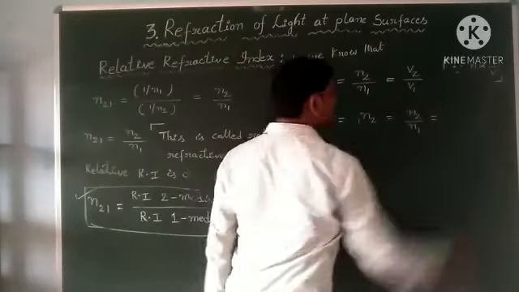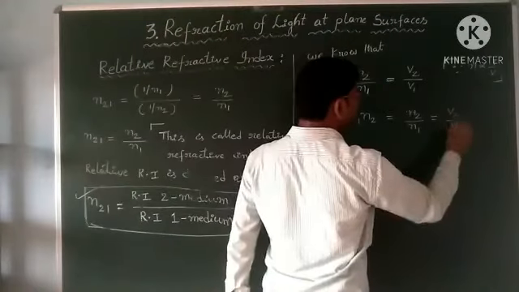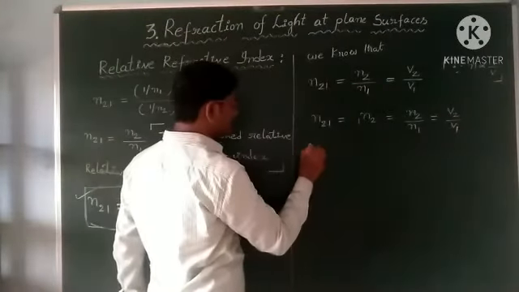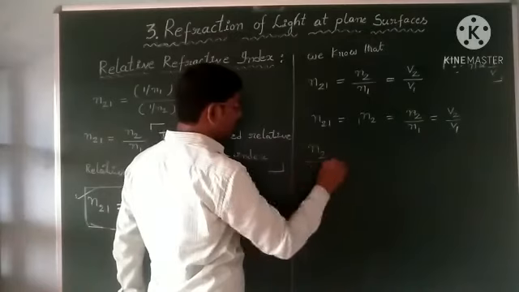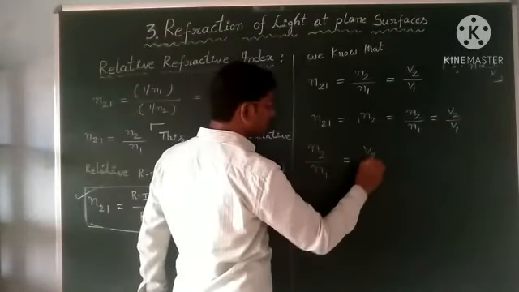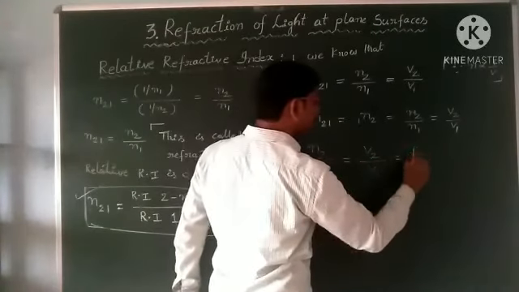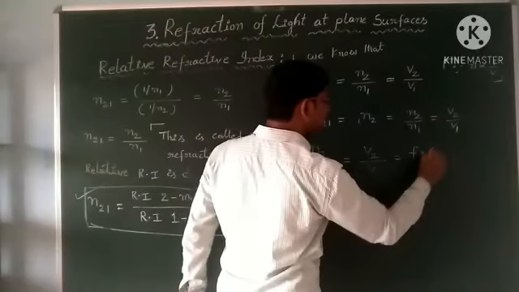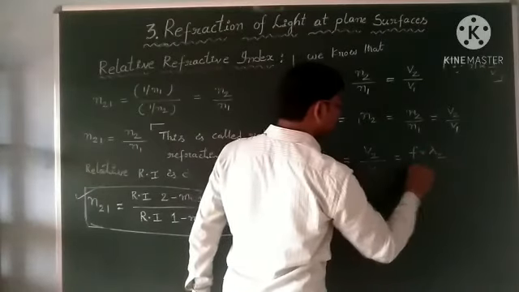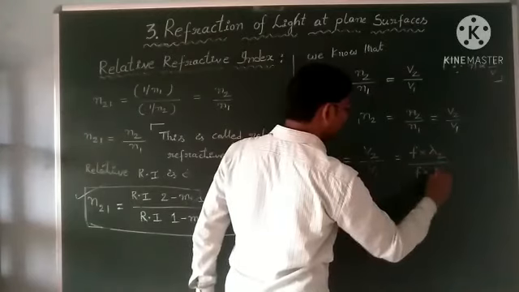So n is inversely proportional to v, and you will get v2 by v1. So n2 by n1 is equal to v2 by v1, which is equal to frequency into wavelength, and here also frequency into wavelength.